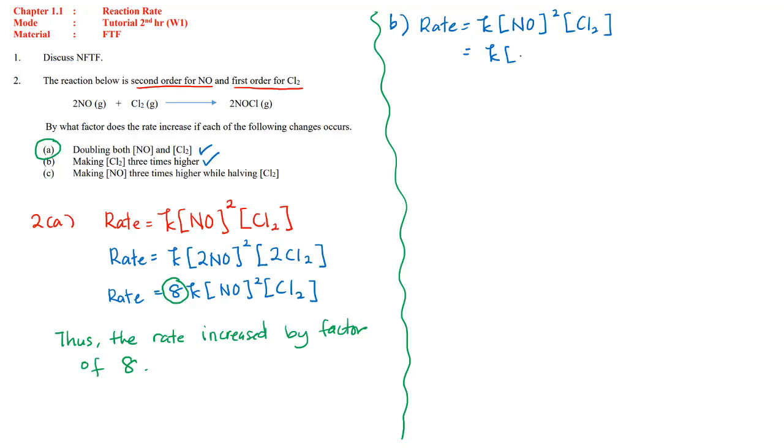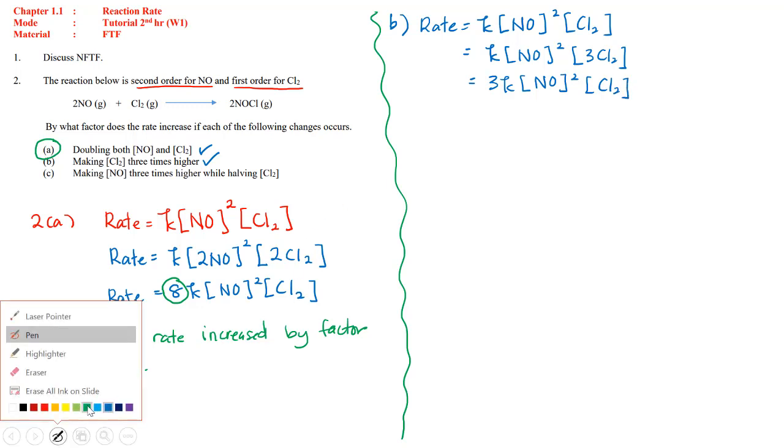So rate equals to K. NO kita tak kacau, remain, tulis. So kat sini naik 3 kali ganda. Alright, so kalau kita selesaikan secara matematik, 3K times concentration of NO power of 2 times concentration of chlorine gas.